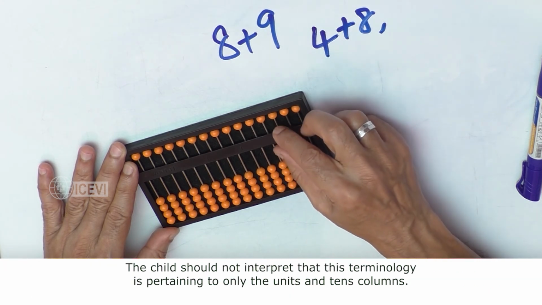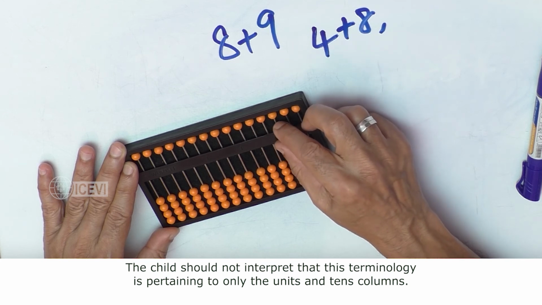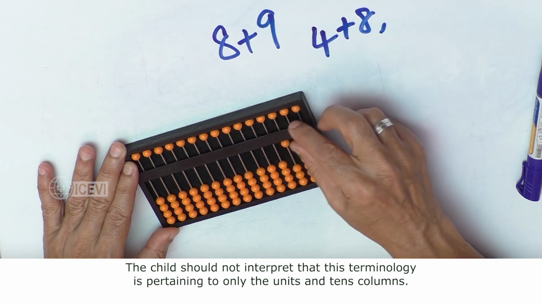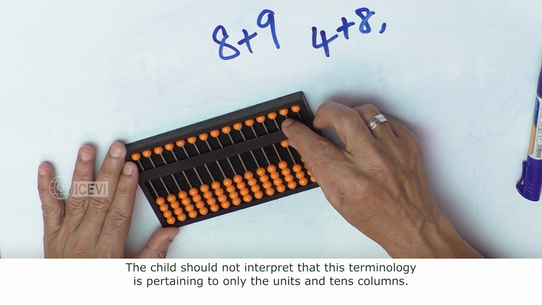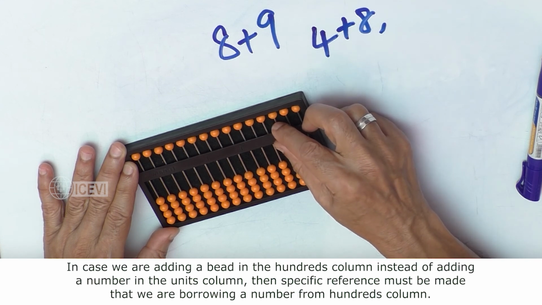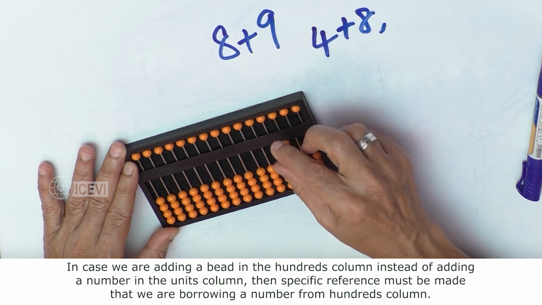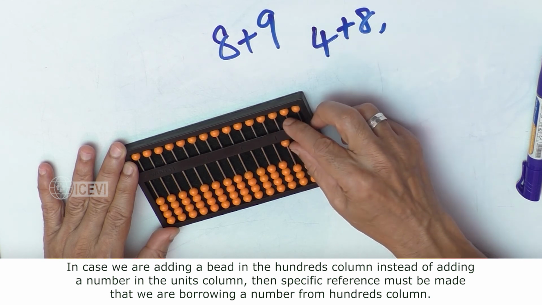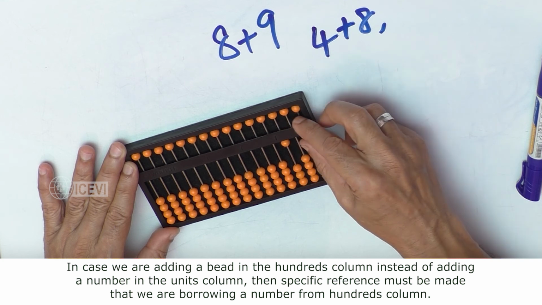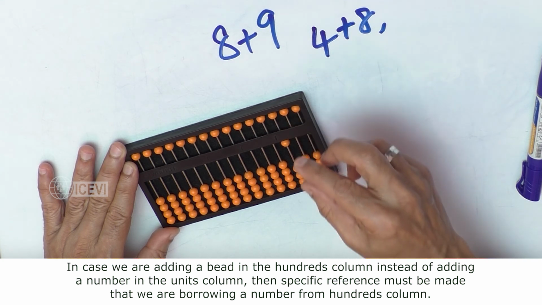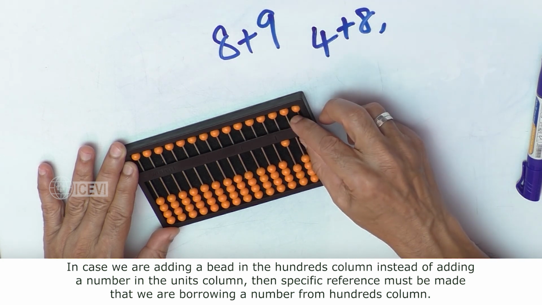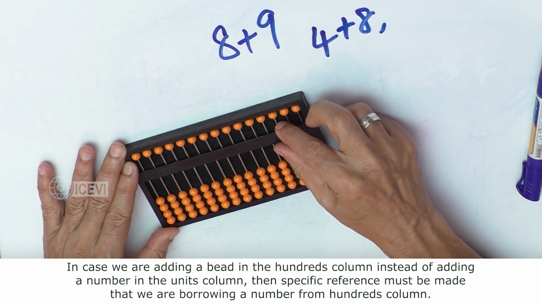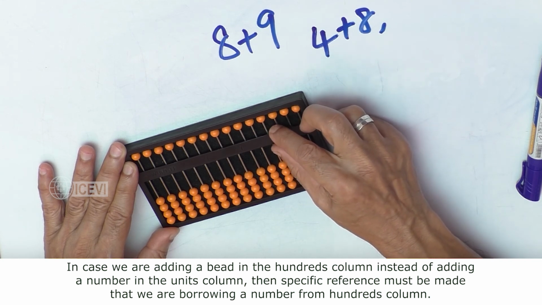The child should not interpret that this terminology is pertaining only to units and tens columns. In case we are adding a bead in the hundreds column instead of adding a number in the units column, then specific reference must be made that we are borrowing a number from the hundreds column.